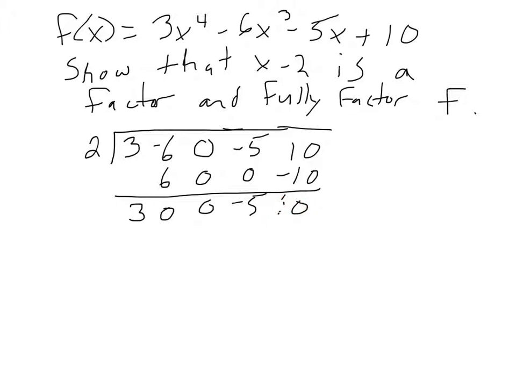here that x minus 2 is a factor, because when I divide by x minus 2, I get a remainder of 0. We also have the quotient here. This gives us the quotient. So now that we have all these places here, it's important to know which is which. The quotient we get here is called the depressed polynomial.